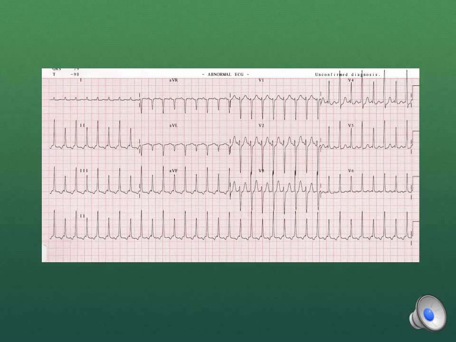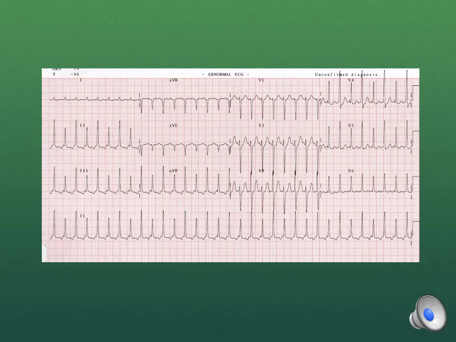All right, here we have an example of a rate of about 180, 190. We have regular rhythm, narrow complexes. Looks like we have inverted T waves before the QRS complexes, but this is a little too fast for it to be a junctional tachycardia.